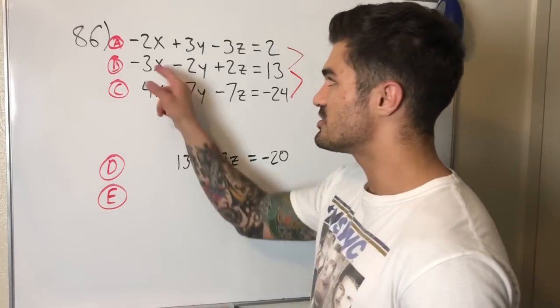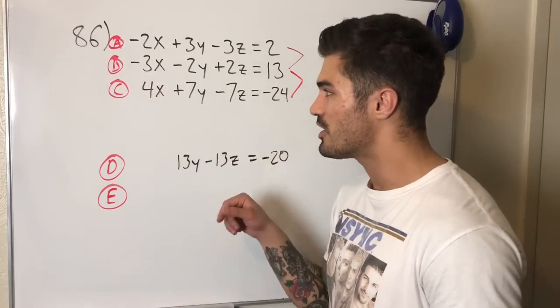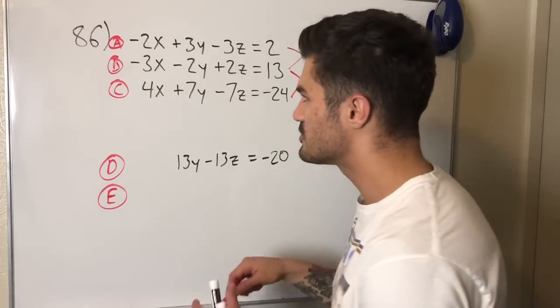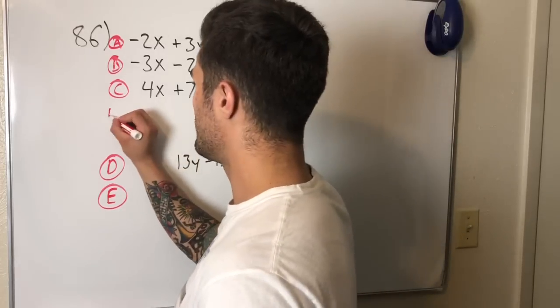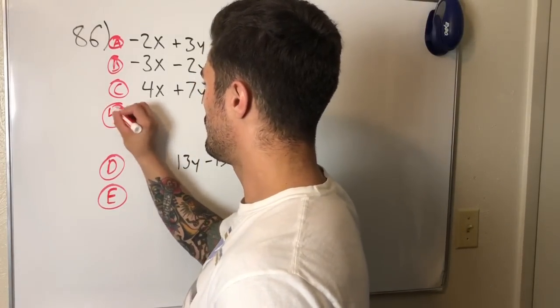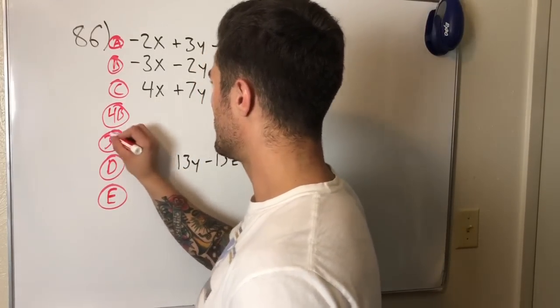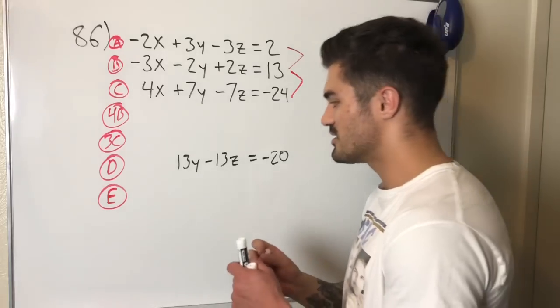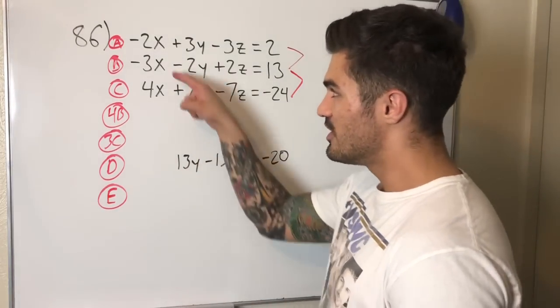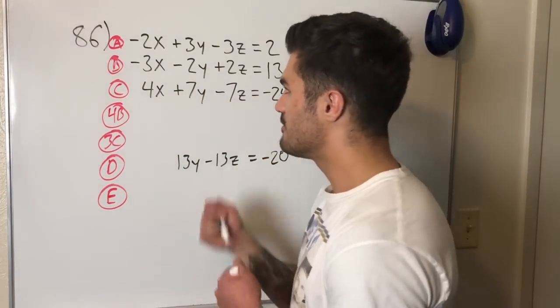In fact, I'm going to take the top one times 4, b times 4, so 4b. Let me call them by their names since I named them: 4b and 3c. Let me make sure that's right. There we go, because that's going to get rid of x. They're going to become negative 12 and 12, right?